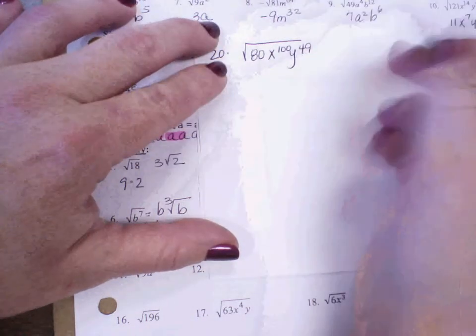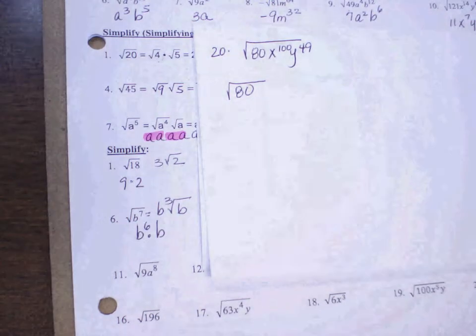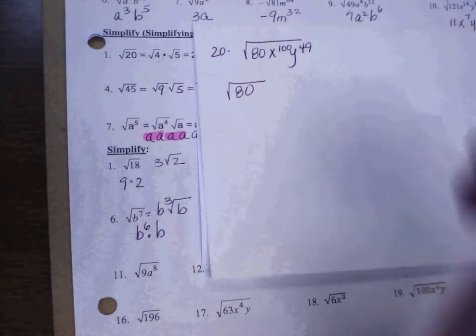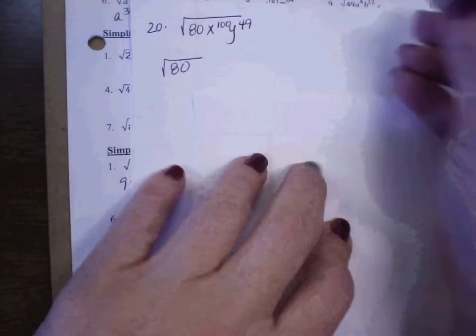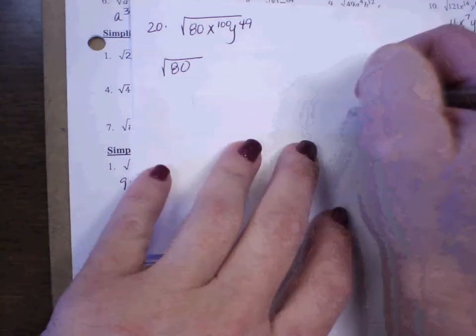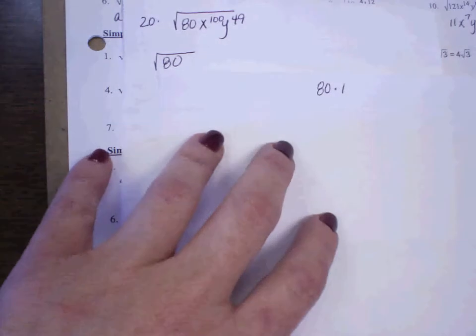All right, let's do 80. Okay, 80 is 80 times 1, right?